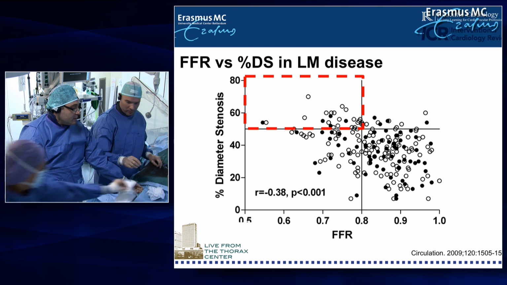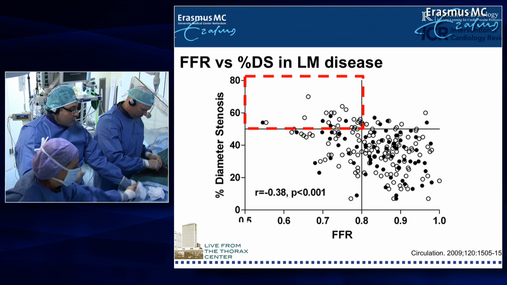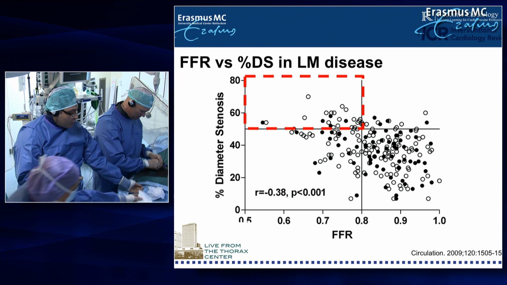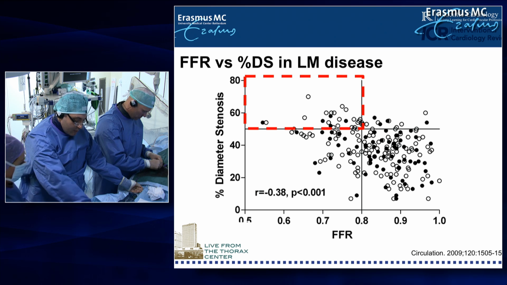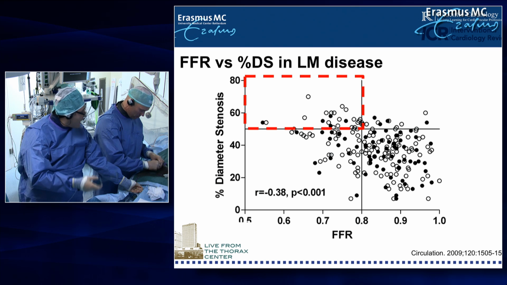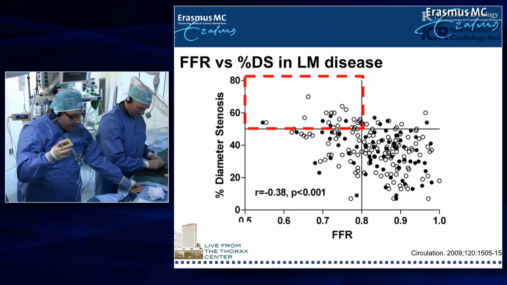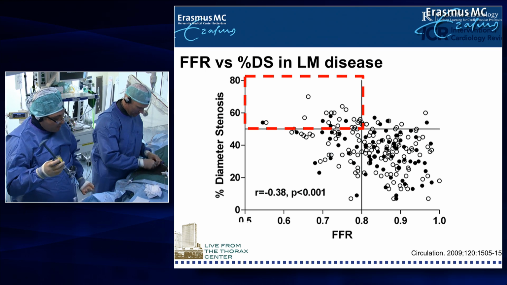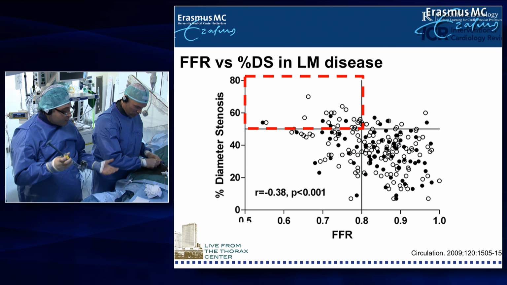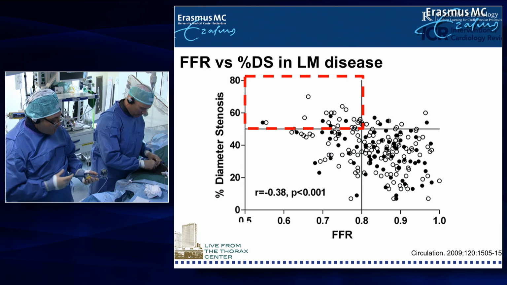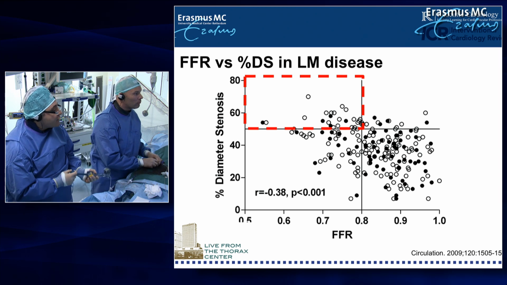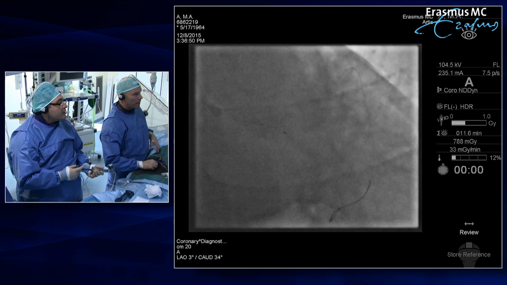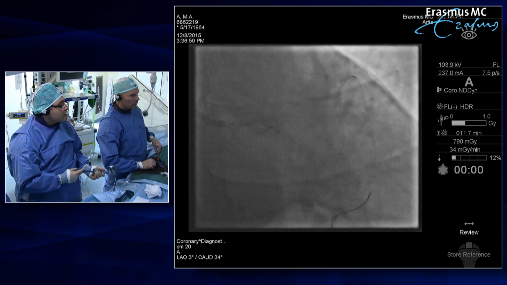Sure, sure. Yeah, what we have seen also is that we have a correlation not only with diameter stenosis in terms of angiography, but when we consider, for instance, IVUS, that is giving us other parameters like the minimum lumen area and the plaque burden. This also has an important correlation with FFR, but we are never 100% accurate when we assess this lesion.